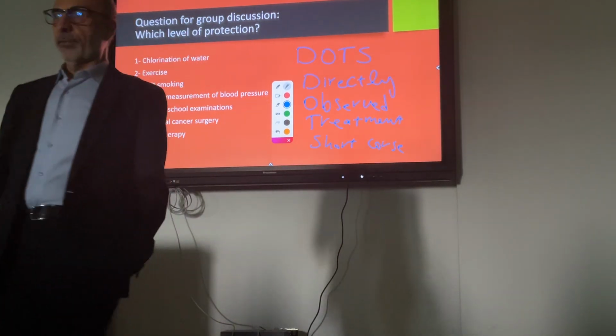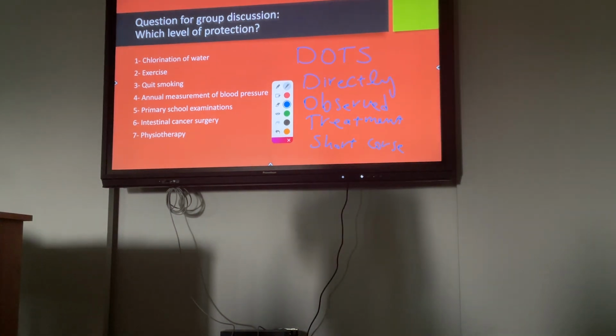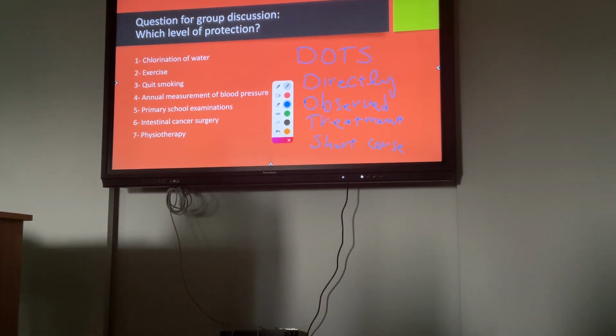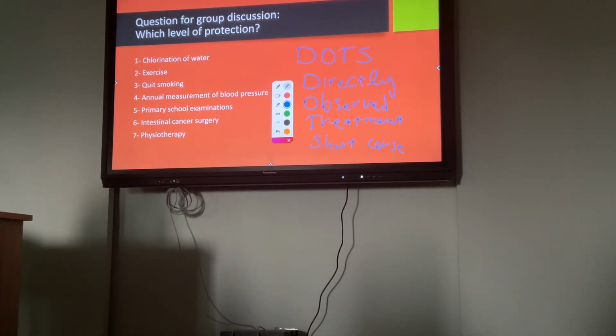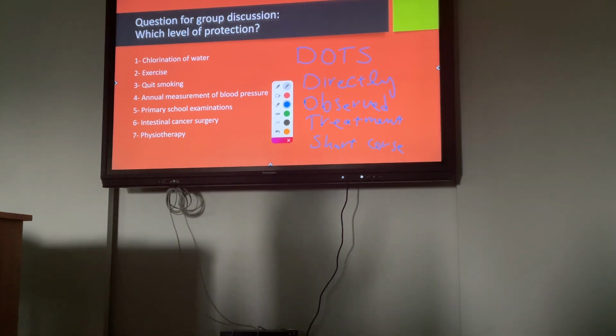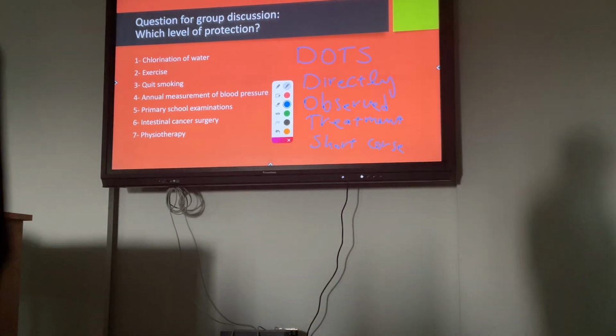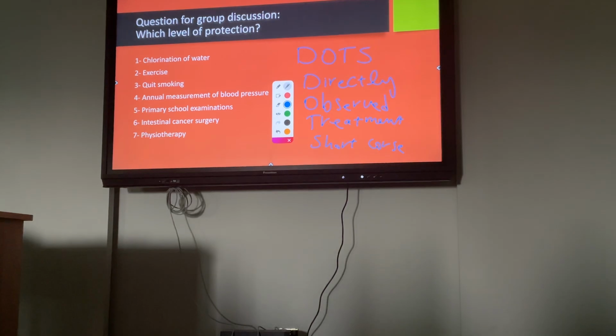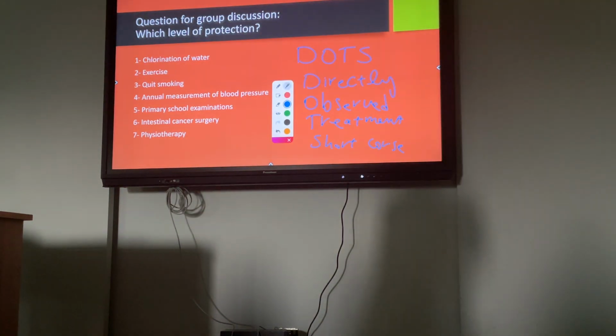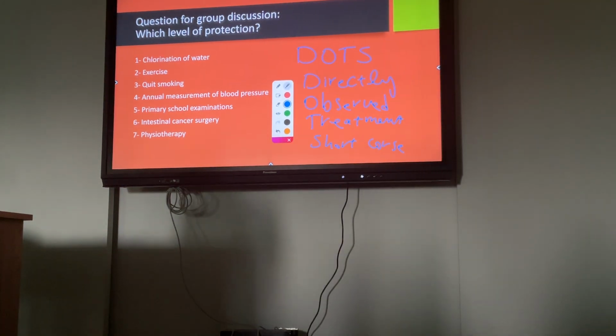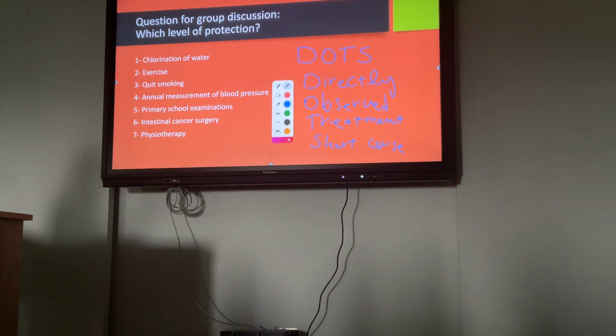The physicians offer this type of treatment to people with advanced tuberculosis. In advanced tuberculosis, patients may cough, and by coughing, spread a large amount of bacteria in the environment. And we try to observe them.